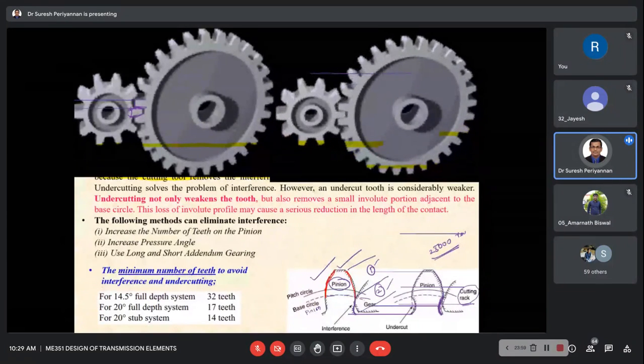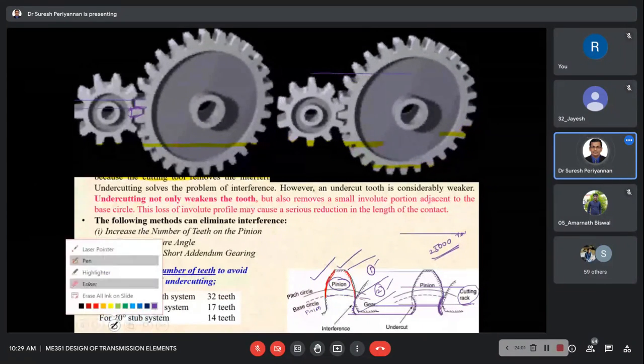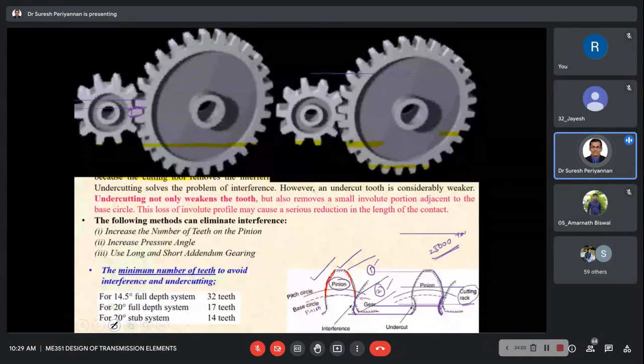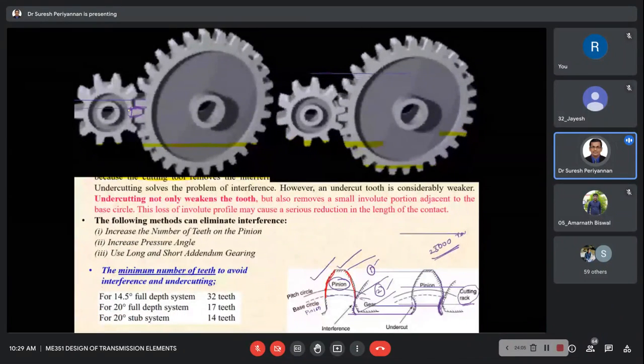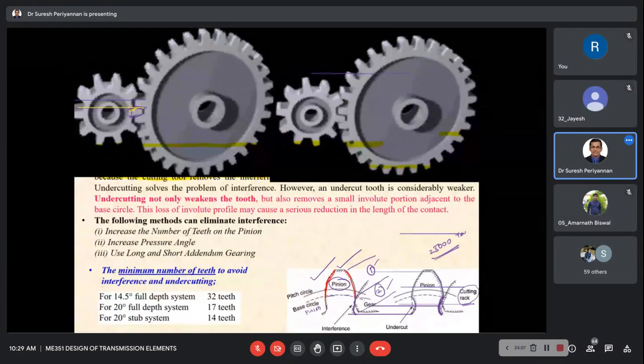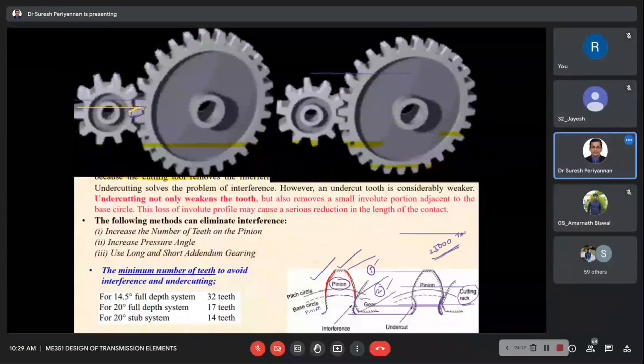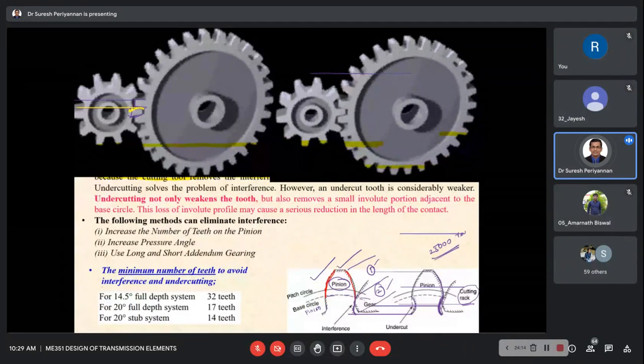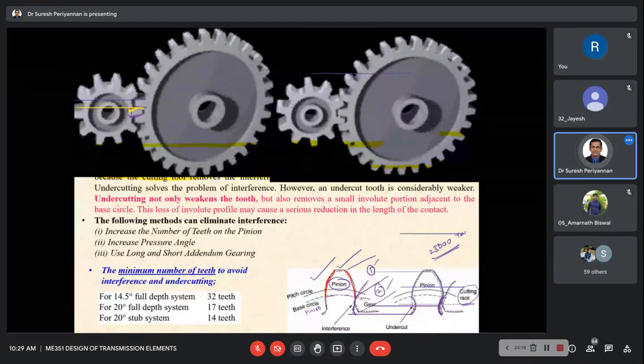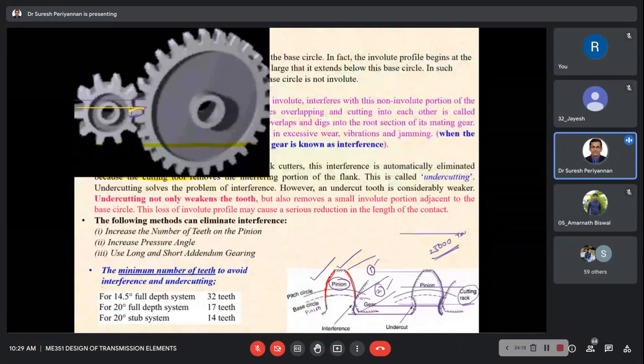Finally, it's going to come to such a shape. This portion is now undercutting. See here, this portion is undercutting.